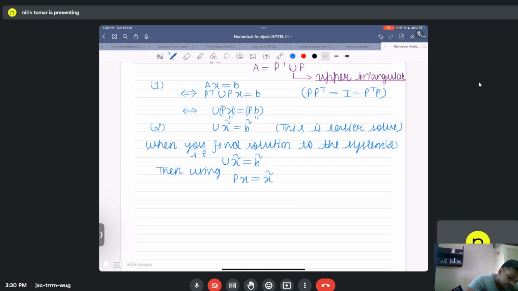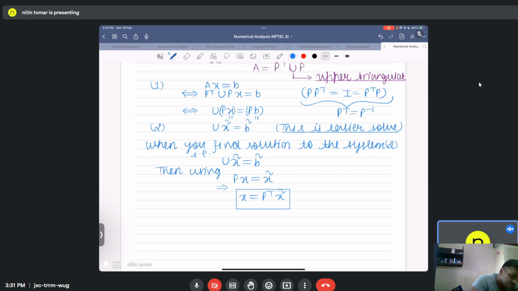So you can have your x to be P transpose x tilde. So you have a solution, correct? So it might seem okay, this is much easier, right? Because we need to solve system 2 and system 2 is in upper triangular form, right? Sir, here P transpose is P inverse. Yes, see this is precisely what is written here.